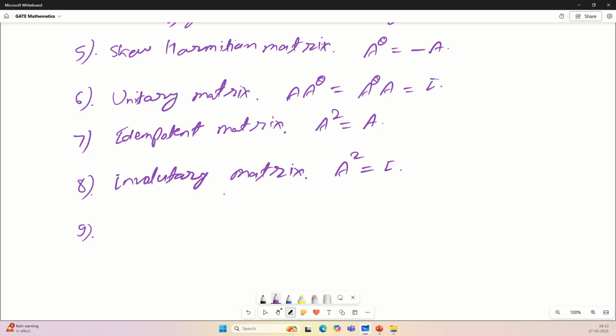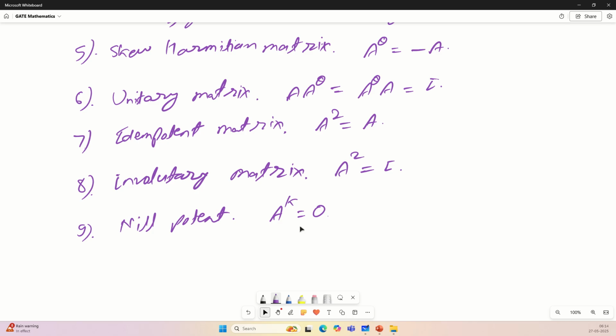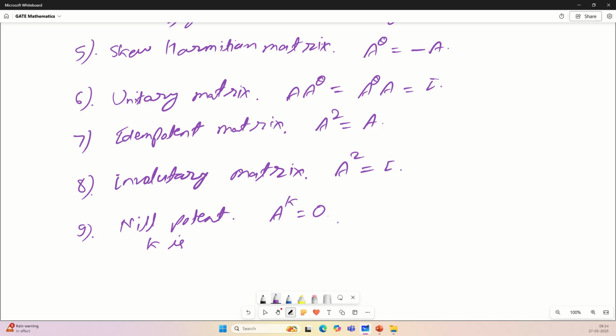Next one is nilpotent matrix. So nilpotent, it says that if I find out A to the power k, where k is any number, that makes it a zero matrix, okay? If that makes it a zero matrix, then it becomes nilpotent matrix. So what is the understanding about k here is, you can see that k is least positive integer, okay?